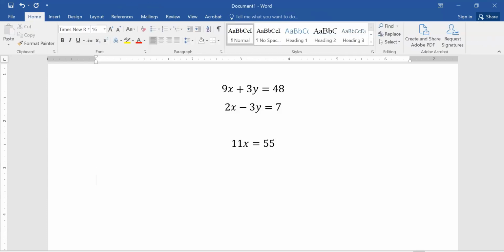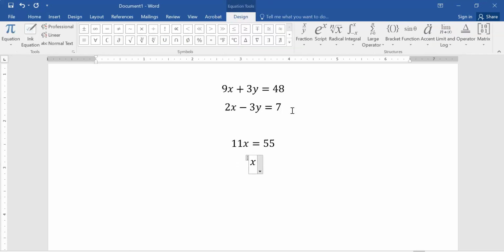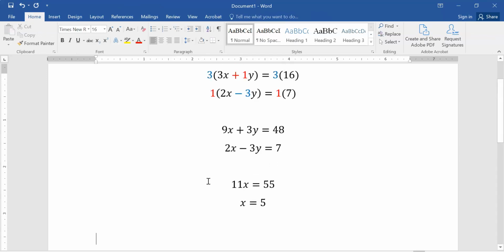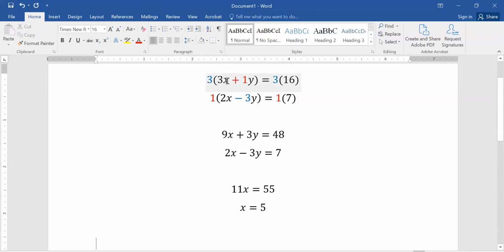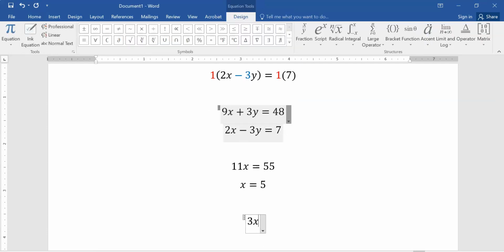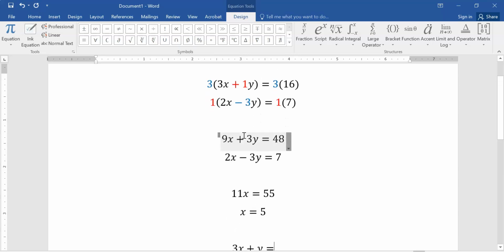Divide both sides by 11. We end up with x being equal to 5. And just like in the last problem, we're going to go back up here, take one of my equations, it doesn't matter which one, I'm going to choose the first one, which was 3x plus 1y equals 16.